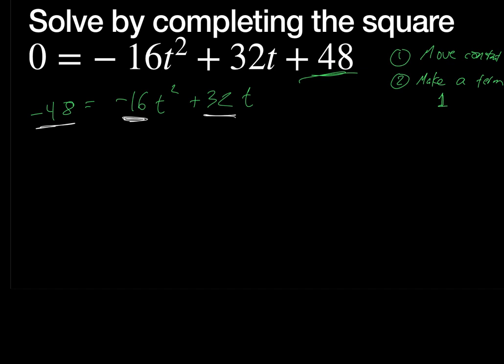Divide everything by negative 16. This will be 3, keeping track of your negatives. Negative divided by negative is a negative, equals t squared minus 2t.